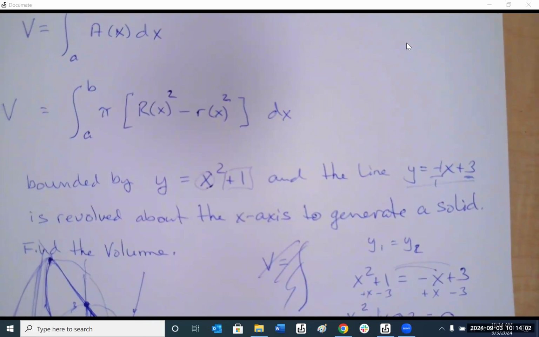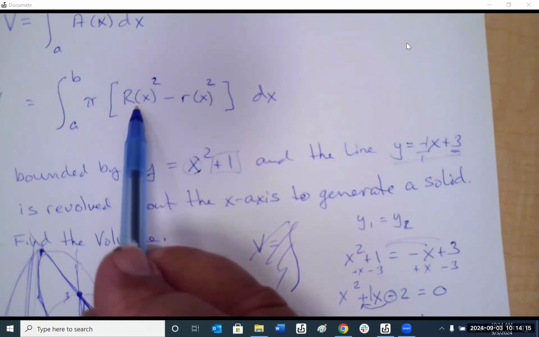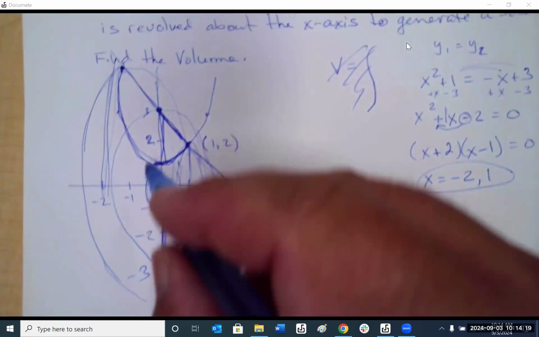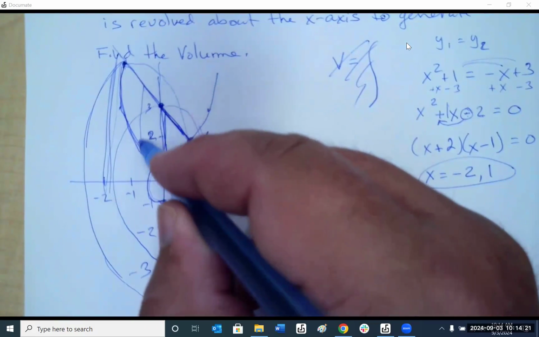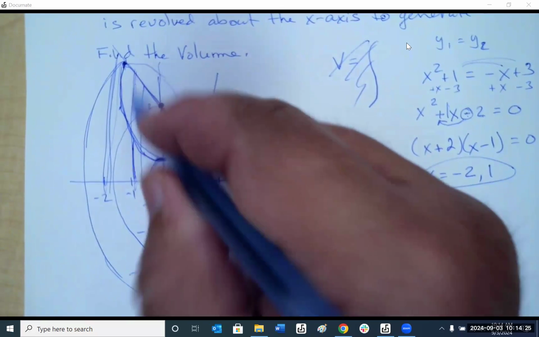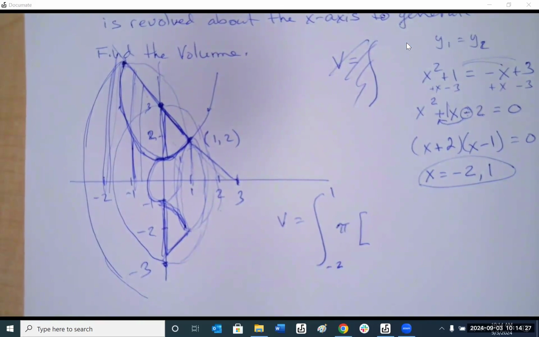What does it usually represent when we draw pictures? Remember, we're rotating around the x-axis. Radius. Yeah, so this is the outer radius minus the inner radius. So it's going to be this point minus this point, and it changes throughout the entire interval.